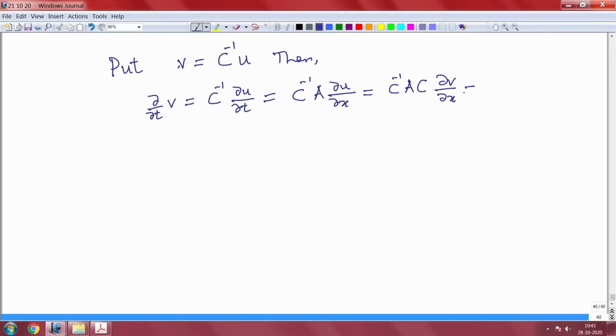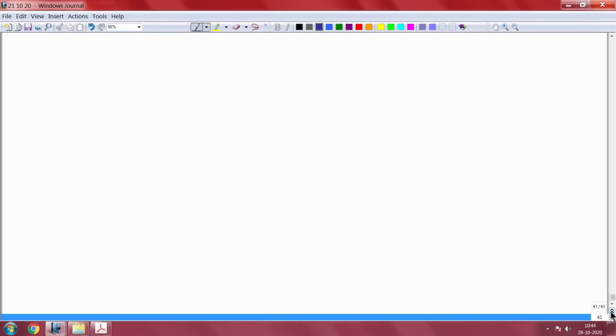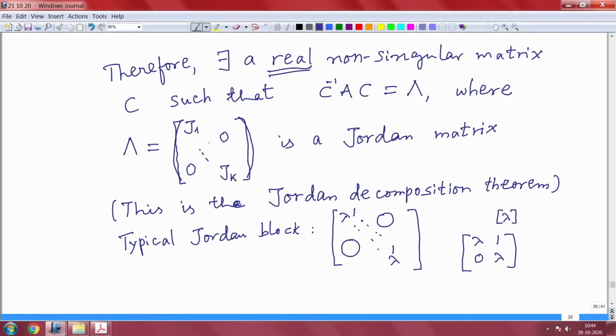and this, by the Jordan decomposition theorem, is expressed as a Jordan matrix, times del V by del x. So, this change of variable reduces system 1 to a simpler form. Namely, let me again write it: V t is lambda V x. Now if you look at the structure of lambda, they are all Jordan blocks.